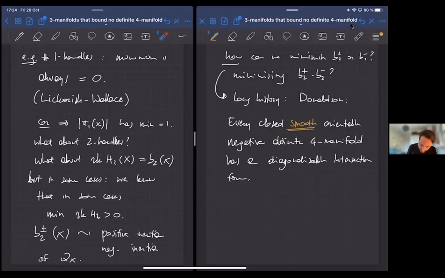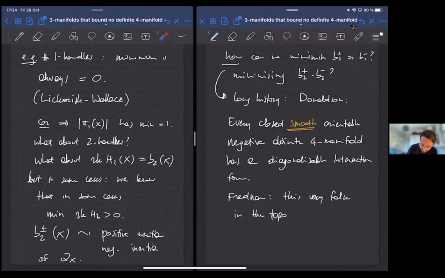So it has a crucial assumption that the 4-manifolds we're talking about are smooth. And by stark contrast, pretty much at the same time, Freedman proved that this is absolutely false in the topological category.